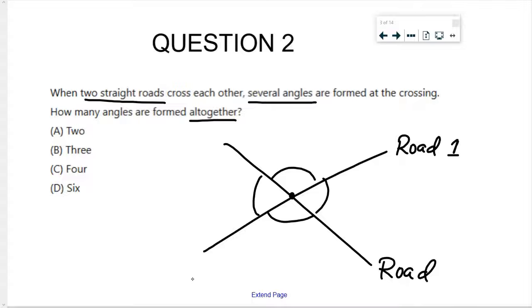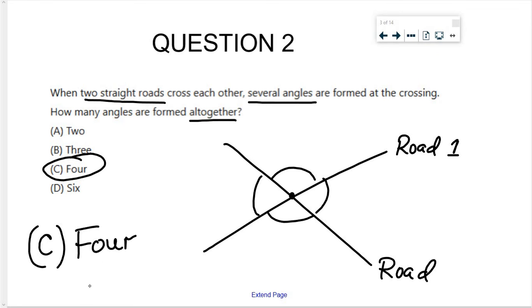So the correct answer here is option C, and the sentence that defines that option, you have to write it. So 4 angles will be there. Option C. And you write option C and the sentence that defines option C.